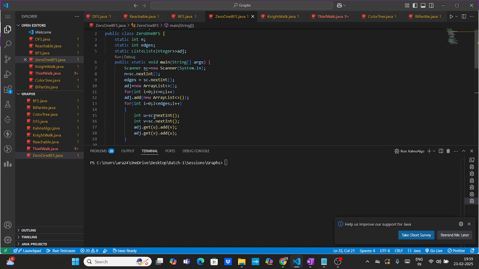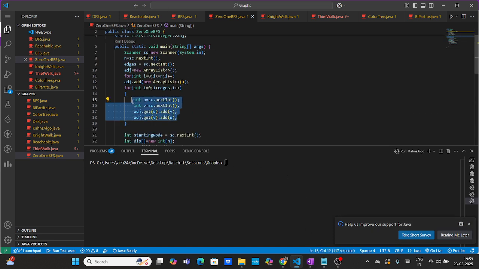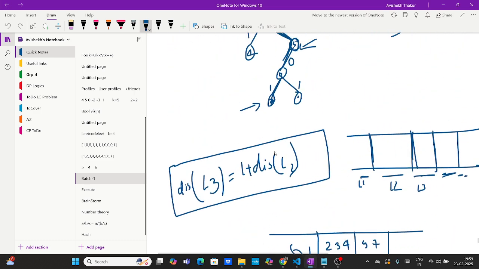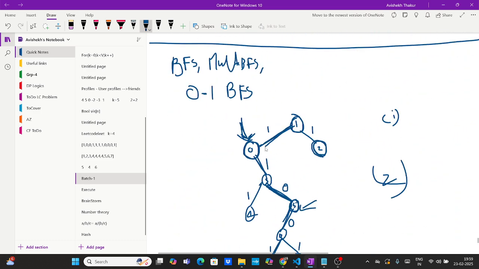Now, is the graph correct? It's an undirected graph, right? Yes, that's fine. But can you see there is an edge weight also? We need to take this information too.